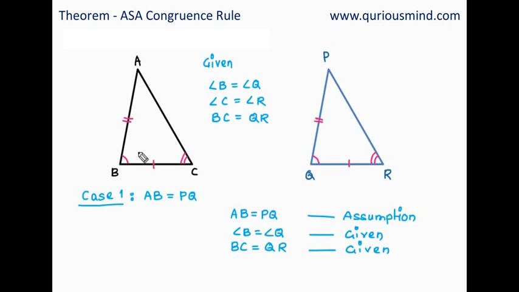Now we can see that if AB equal to PQ, angle B equal to angle Q, BC is equal to QR, then using the axiom SAS congruence rule, the two triangles become congruent.